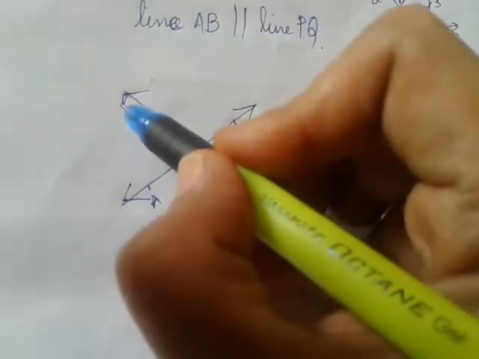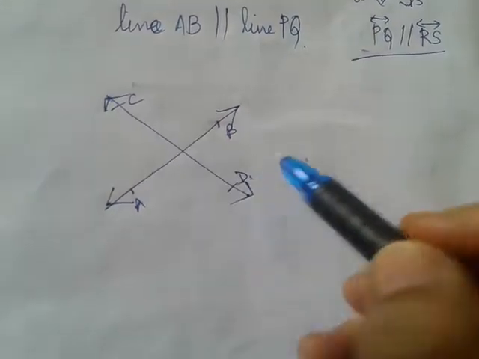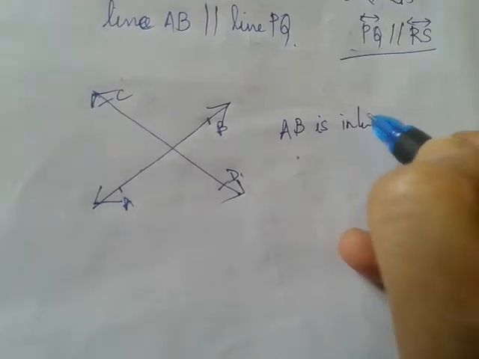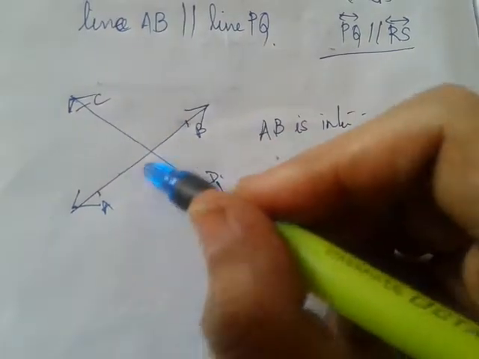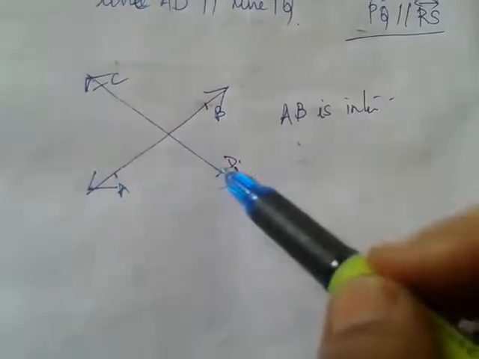So we say that line AB intersects line CD.